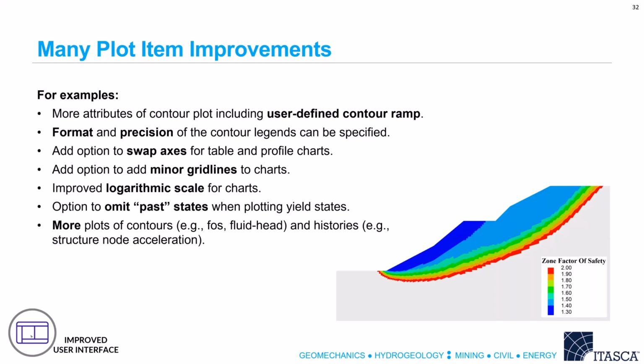We have improved log scale for charts, and we have an option to omit past dates when plotting yield dates. And we added a lot more contours or histories. For example, contours of factor of safety shown in this slide, and others, for example, structure node acceleration.